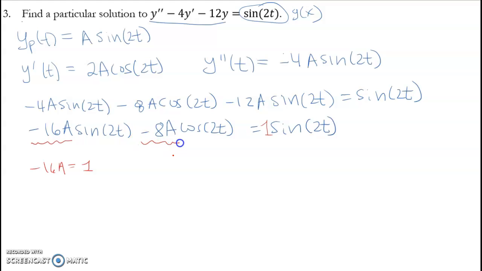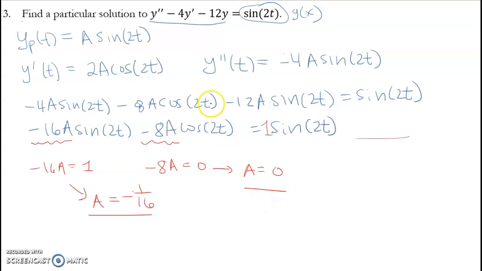And -8a should equal 0, because I don't see any cosine terms. So this would result in a equal to 0, and this is going to result in -1/16. So this is the case where our original guess of the particular solution having this form fails.